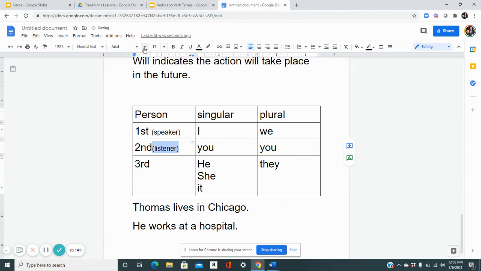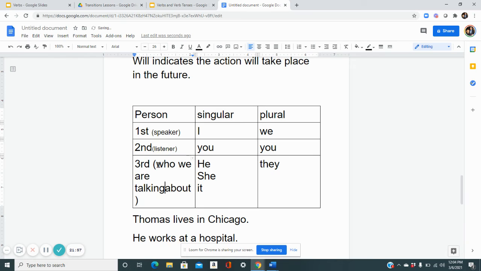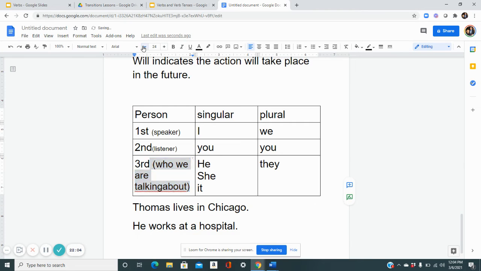It's who the speaker is talking to. Third person is who we're talking about. Oh, that's really big. Let me make it small.